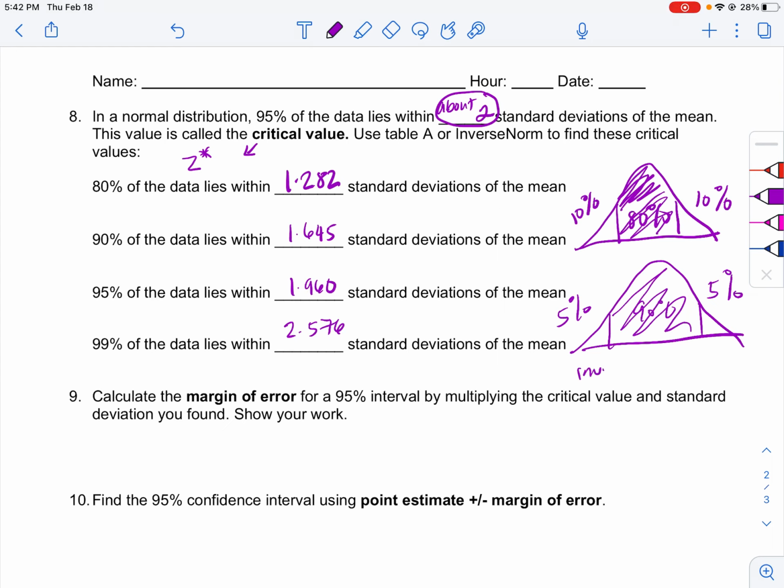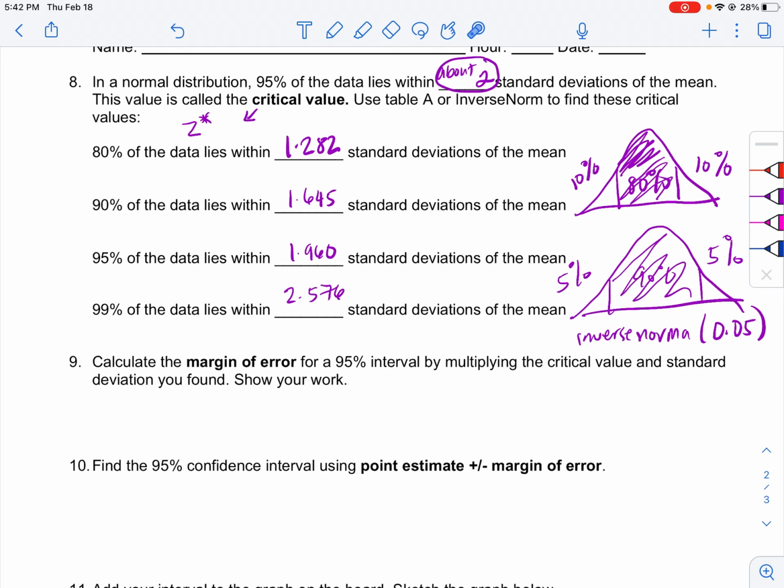Does that make sense? So in the inverse normal, I am going to put 0.05 in the area to get 1.645. Okay? I hope that is making sense. Moving on. And of course, you can always use the table.